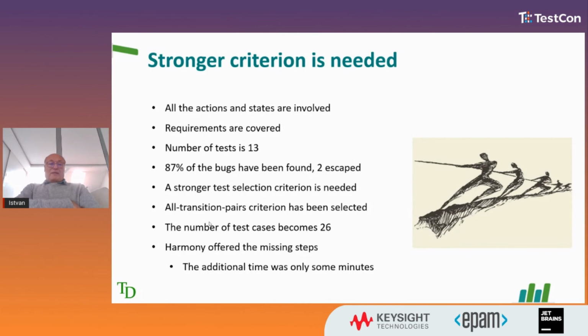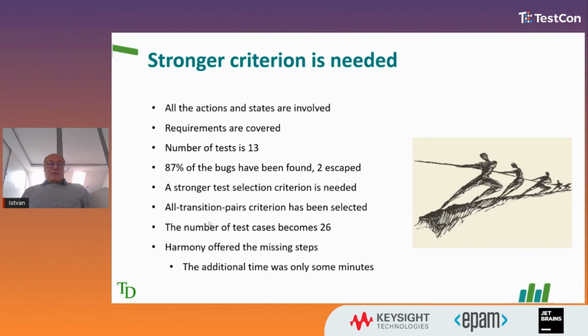To catch all the bugs, a stronger test selection criterion is needed. So I selected the all transition pairs criterion. In this criterion, you should cover all the adjacent edges. And when I did this, the number of test cases became 26, just double.